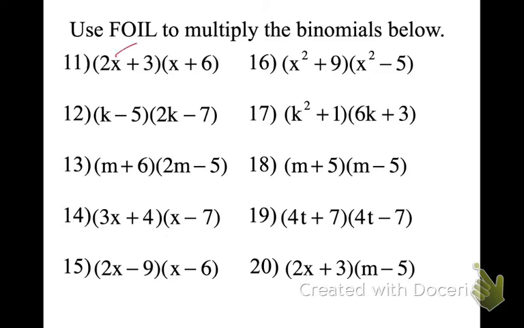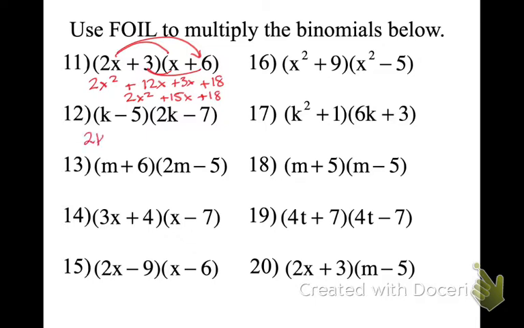So again, I'm going to do my first, 2x squared, plus outside 12x, inside plus 3x, and last is plus 18. But you do have to simplify it. So it's 2x squared plus 15x plus 18. Okay, pause the recording. Let's try the next few.